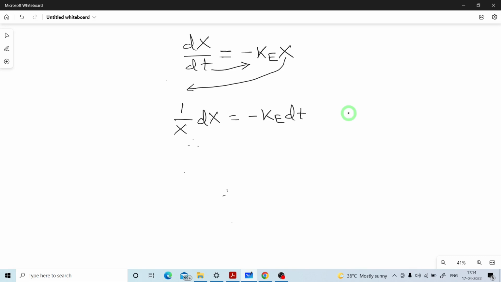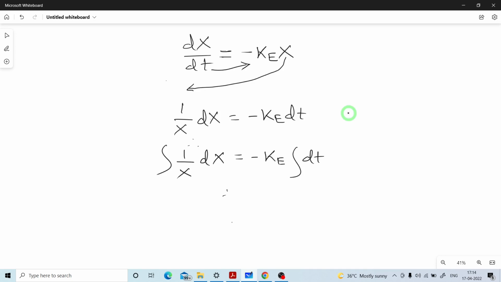Now we are going to integrate both sides of this equation. If we perform the integration of both sides, then your equation will look like this. Integration of 1 upon x dx is equal to minus ke integration of dt. See that this minus ke is a constant. You cannot integrate it, as I have stated in the rule. So you are going to take it outside the integration sign. Now once you do that, we are going to use formula 1 and formula number 2, which we have seen in the previous section.